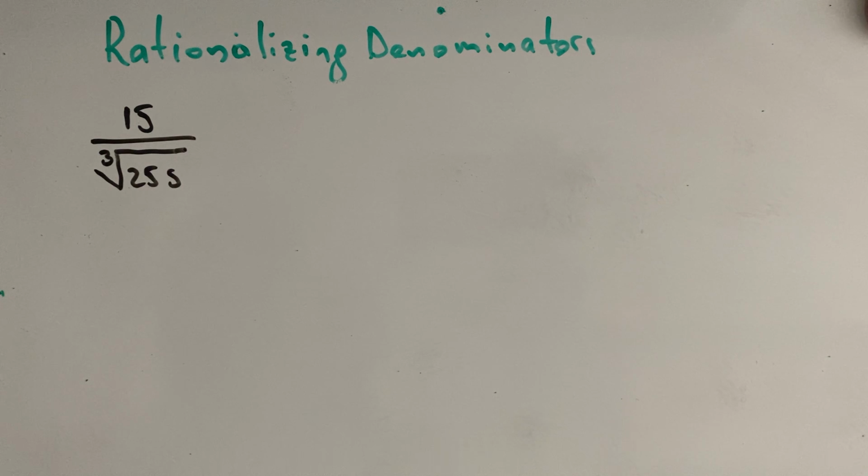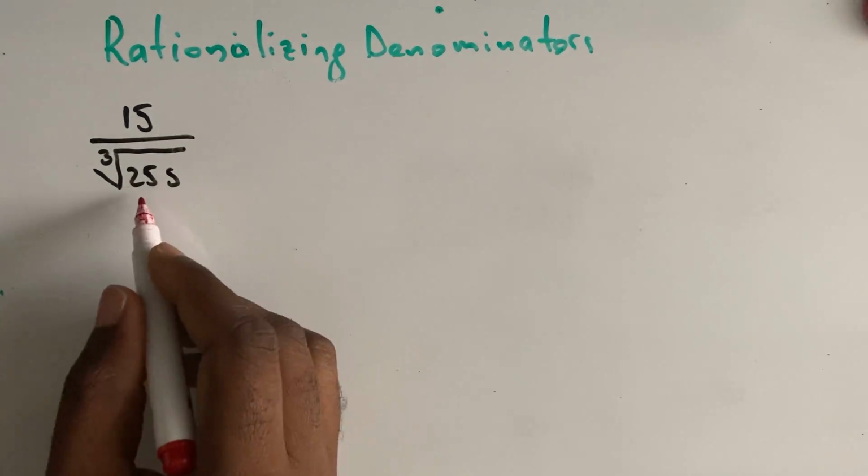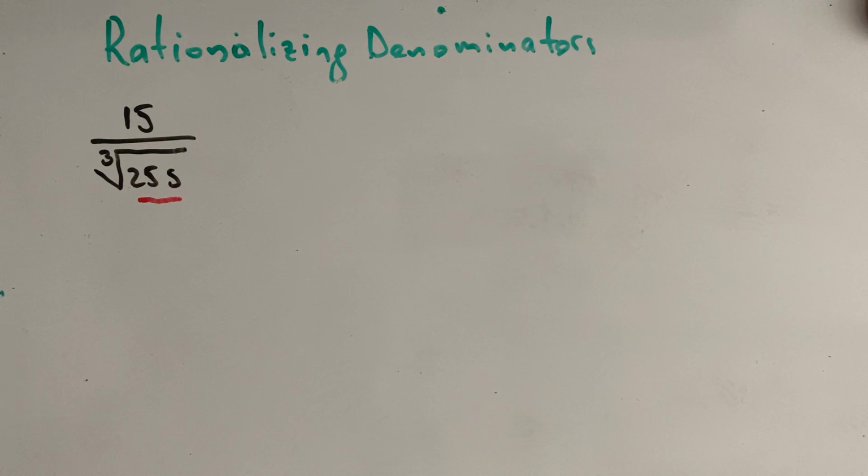Okay, 15 over the cube root of 25s. So now I need to get rid of the cube root. Therefore, I need a perfect cube right here. I need this to be a perfect cube, right?